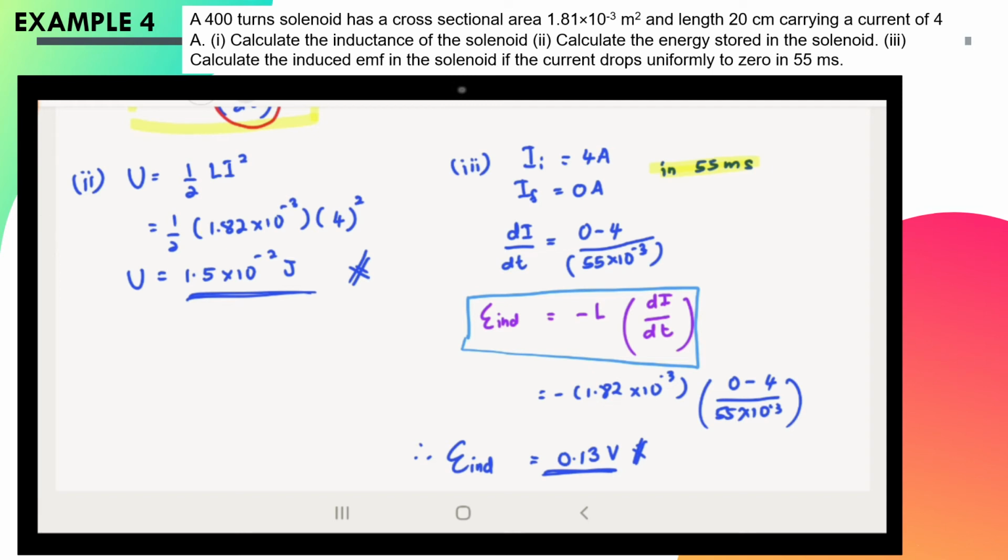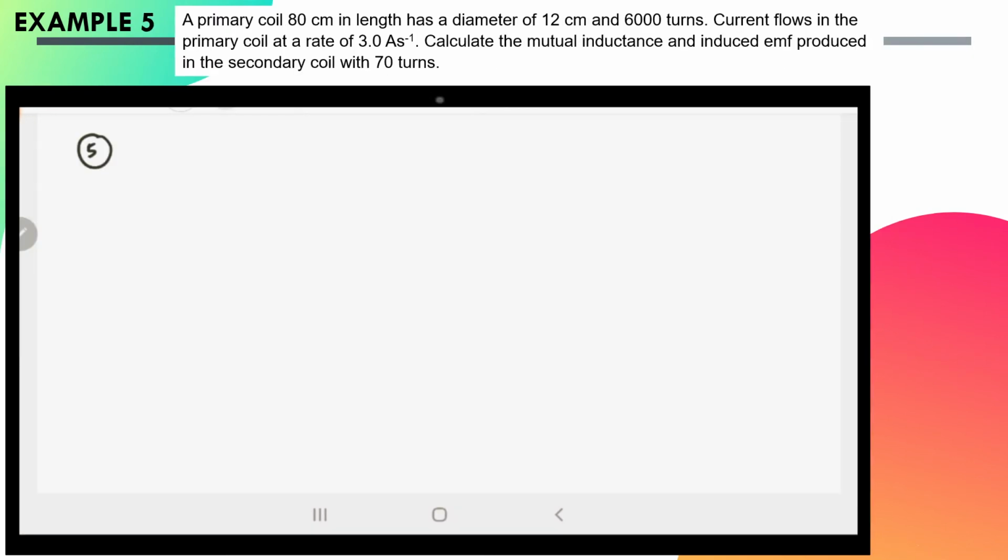So let's continue with example number 5. Example number 5 is about mutual induction. We have a primary coil of 80 centimeter length, so let's write the length of the primary coil is 80 centimeter.